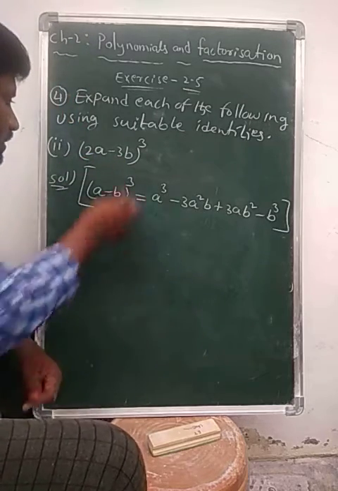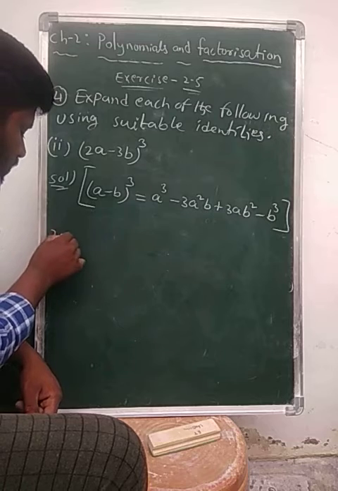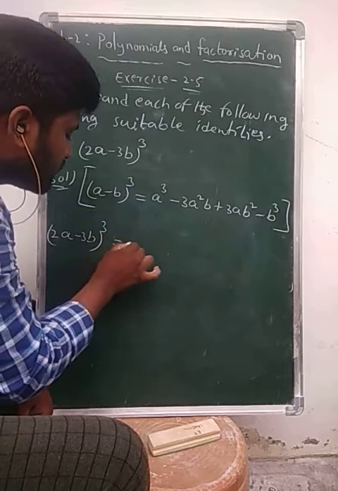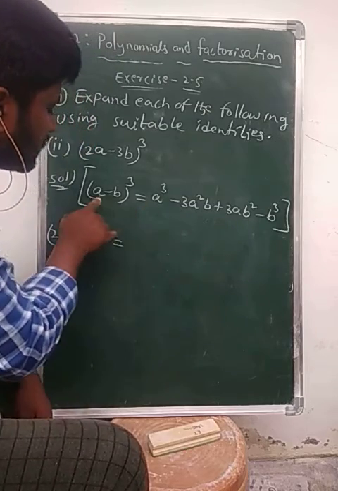Okay, now I'm going to expand it. (2a minus 3b) whole cube that is equals to a cube means what?